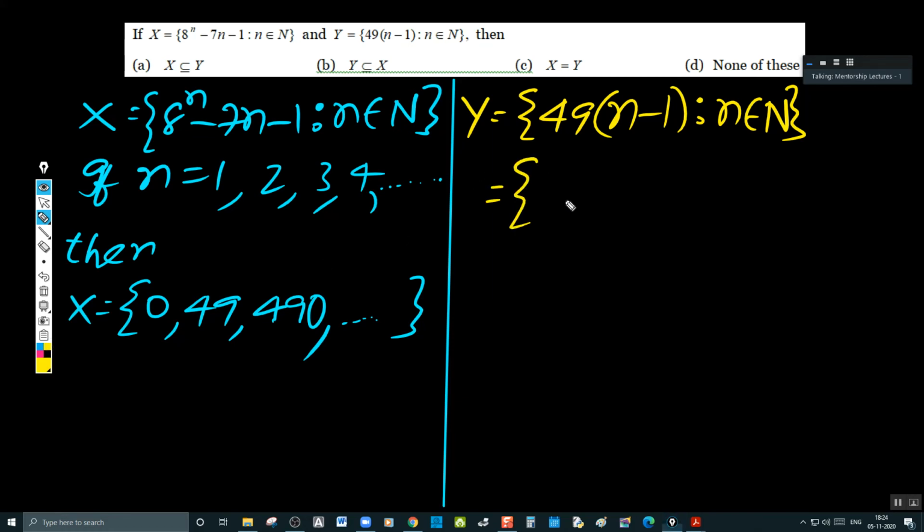Now here also, putting n equal to 1, you will get 0. Putting n equal to 2, you will get 49. Putting n equal to 3, you will get 49 into 2. That means you have more numbers here. Putting n equal to 4, you will get 49 into 3.